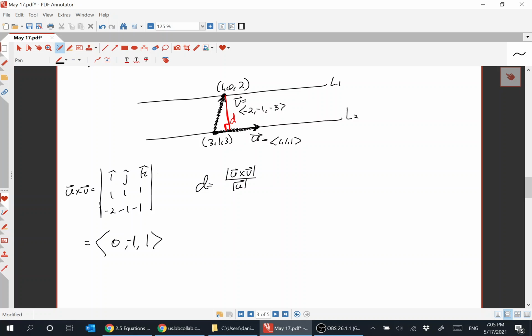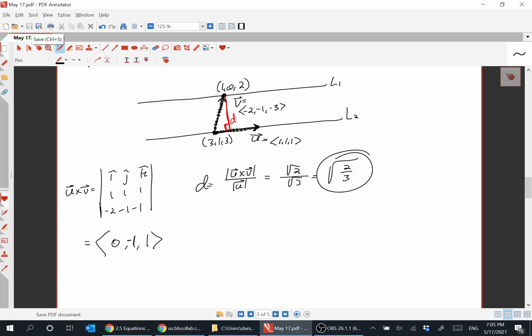So (0, -1, 1). So the length of U cross V, also the distance, is the square root of 2 over the length of U, square root of 3. So the square root of 2/3 is the distance.